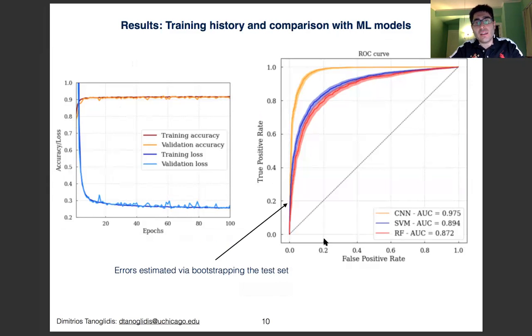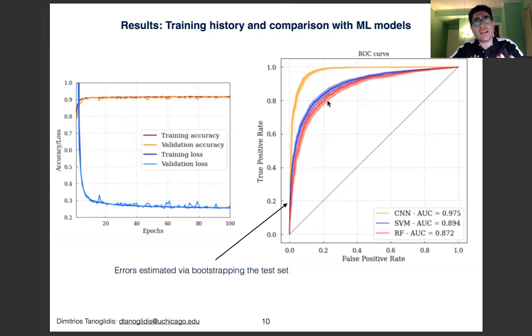And here I show the false positive versus true positive rates, the usual ROC curve, to compare the classification from the convolutional neural network, but also the classification from other machine learning techniques, such as support vector machines and random forests trained on the same data.